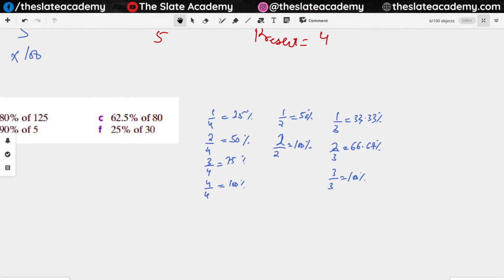If we do 5 as well, 1 out of 5 is 20%. 2 out of 5 is 40%. 3 out of 5 is 60%. 4 out of 5 is 80%. And 5 out of 5 is obviously 100%.